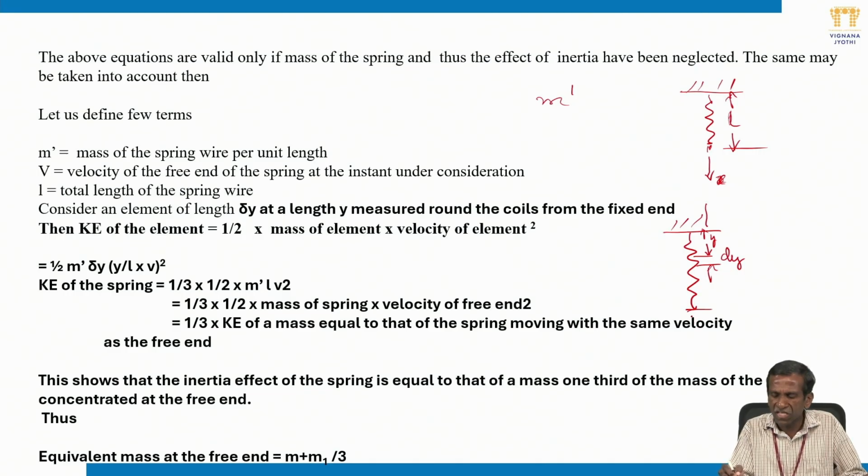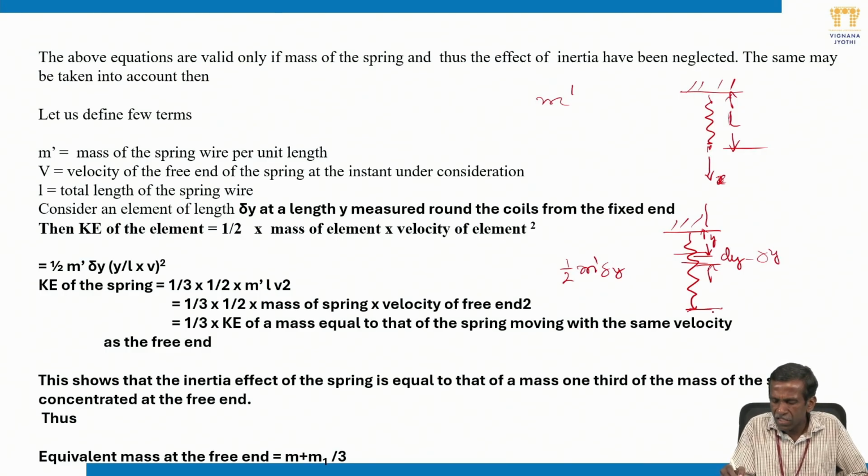Then the kinetic energy of this small element of length dy can be written as: m dash is the mass per unit length and dy is the length, so this is the mass, times v square.